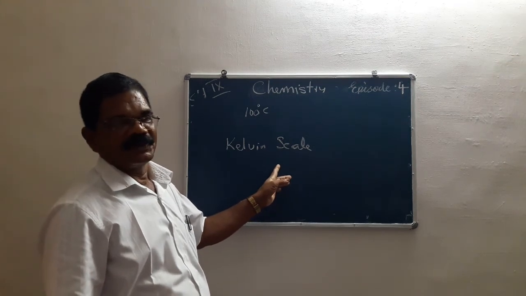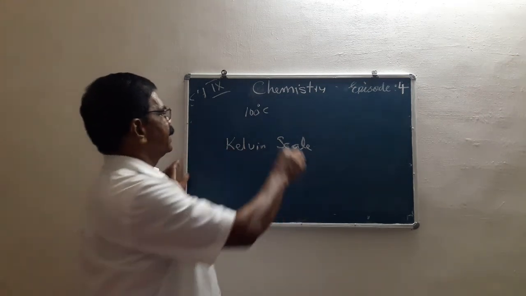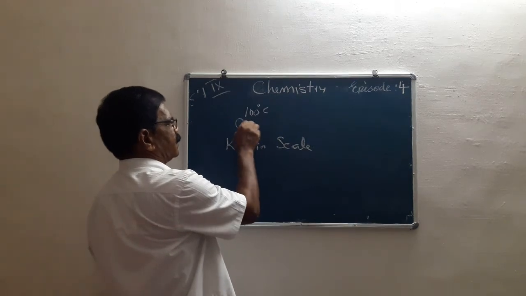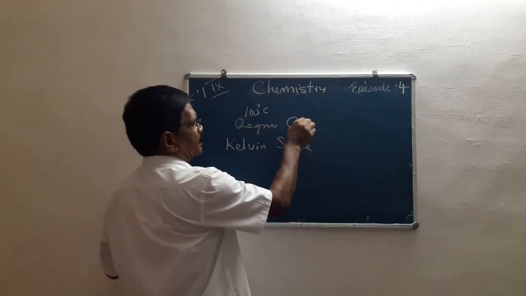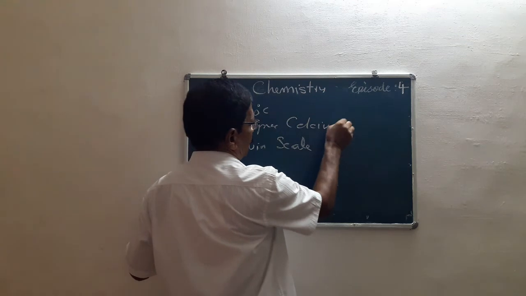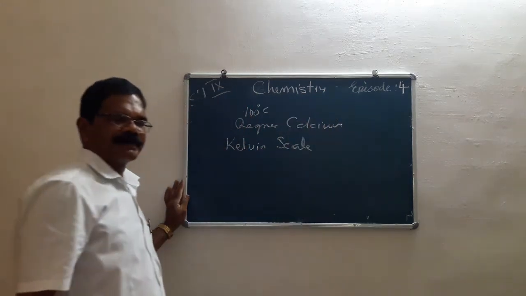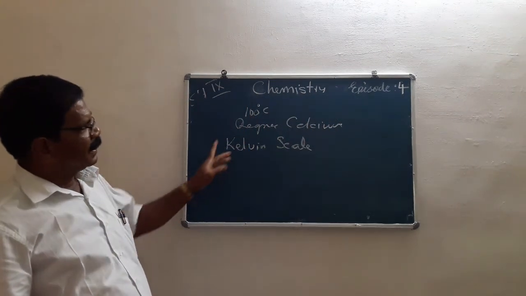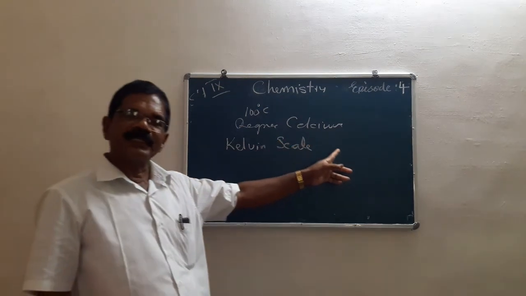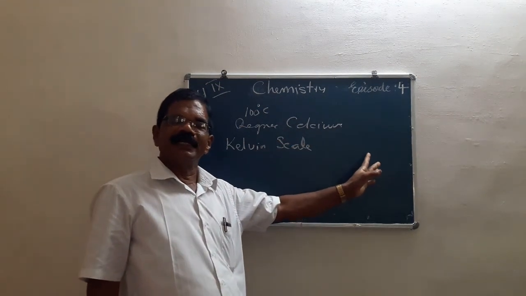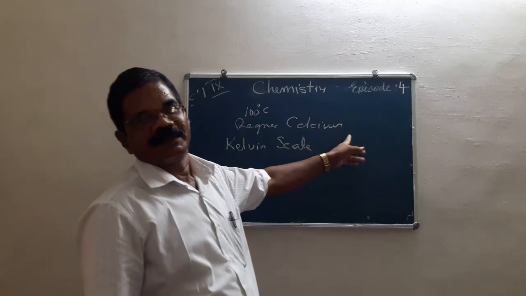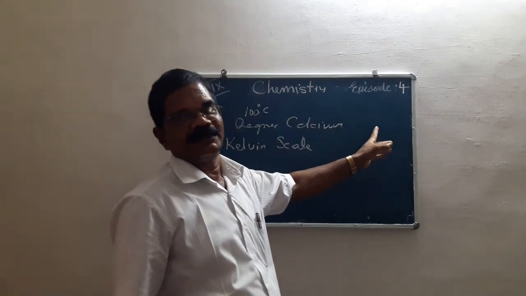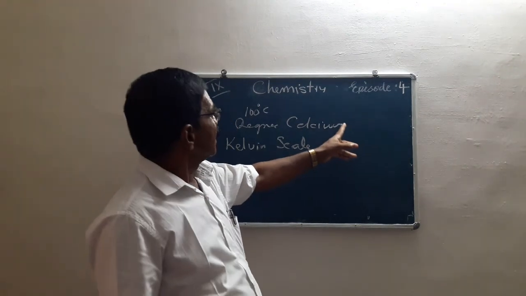What is the difference between the Kelvin scale and degree Celsius? The degree Celsius is commonly used and it depends upon the melting and boiling point of water. 0 degrees centigrade is the melting point and 100 degrees centigrade is the boiling point.